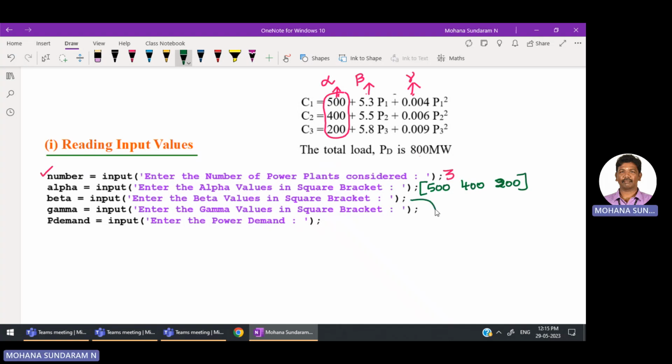For beta, you have to enter 5.3 space 5.5 space 5.8. For gamma, you have to enter 0.004, 0.006, 0.009. And the power demand should be 800 megawatts.